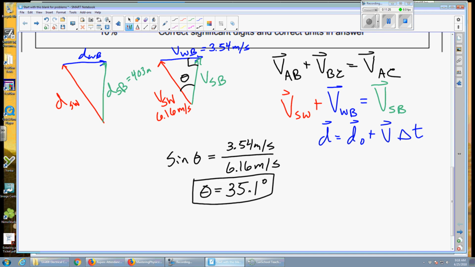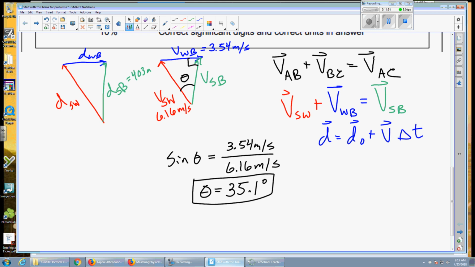But I know the angle that triangle's at, but I don't know anything else about it, right? So I want to use the fact that displacement is related to velocity and time to find the time. If I have that displacement, I need the velocity that's in that direction. Or I can say, oh, wait a minute, couldn't I figure out this displacement?